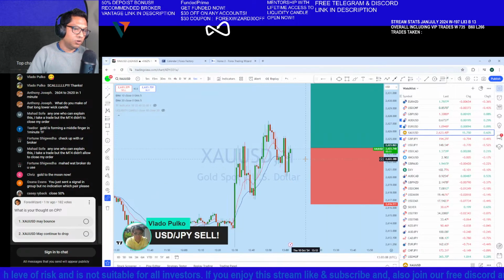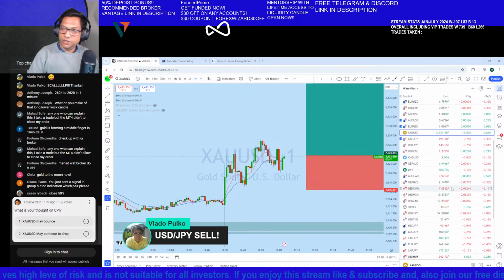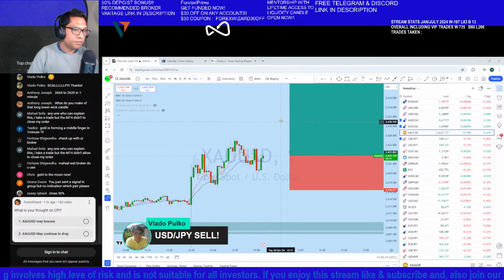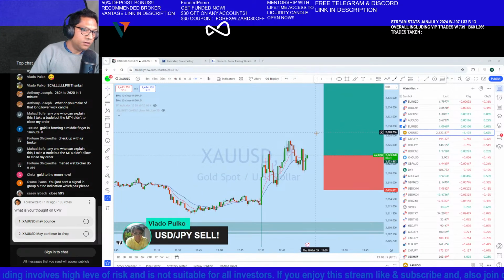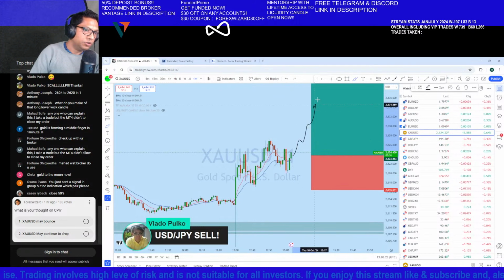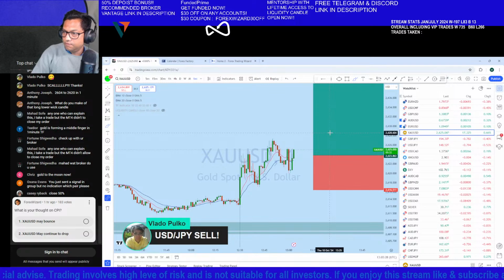Here is a doji formation, and we are at entry. I'm still holding it because if it manages to break out, then we might potentially at least see a new higher high with a new trend continuation.